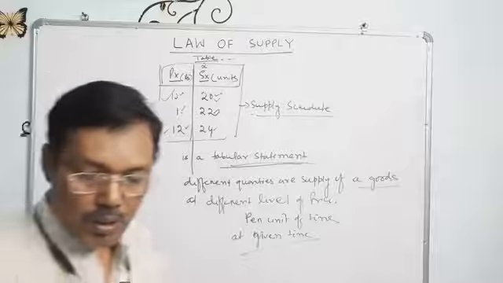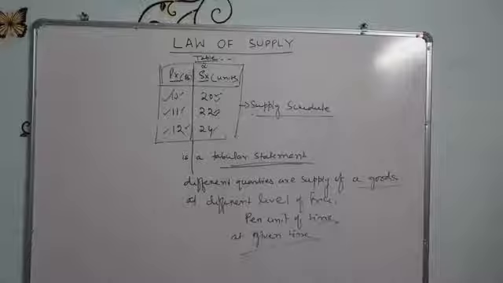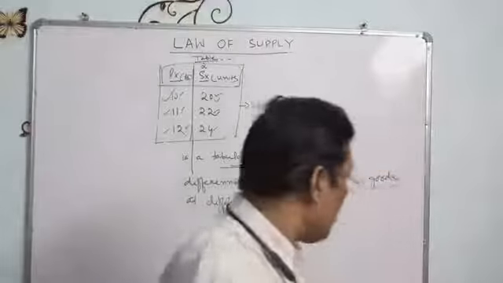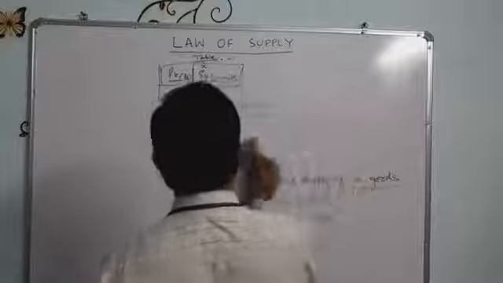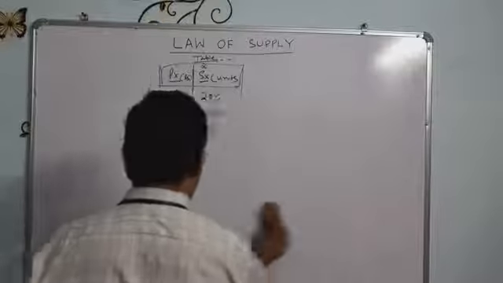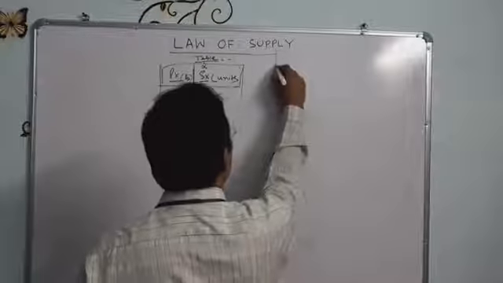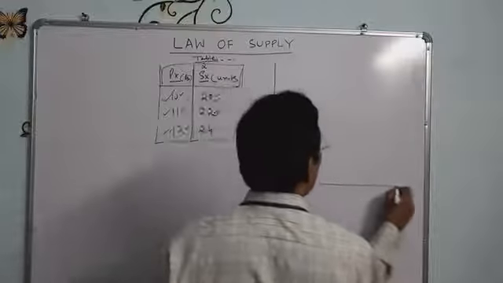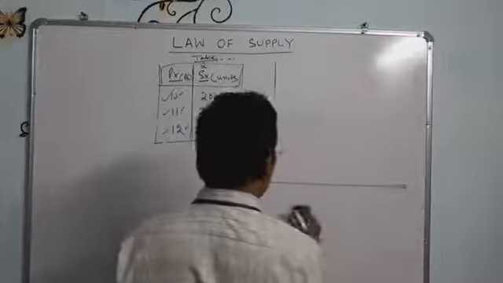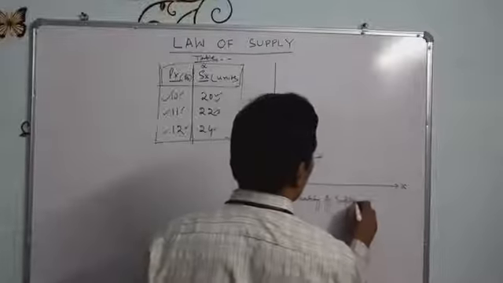Now this supply schedule can be expressed in the form of a diagram. Like the demand curve, similarly there is also a supply curve. On the OX-axis, quantity of supply of X goods.